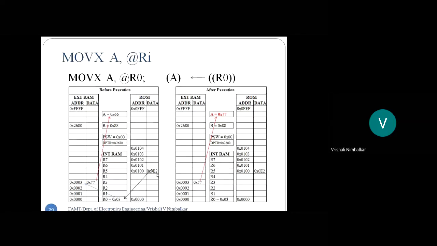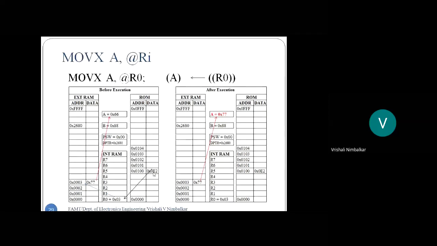So this is an instruction written at ROM location 100 hex. So this is an opcode. After decoding the code, the microcontroller understands this is an external RAM transfer, R0 is a pointer, and data pointed by R0 is to be picked up and copied in the accumulator. This is all decoded from this E2 hex.